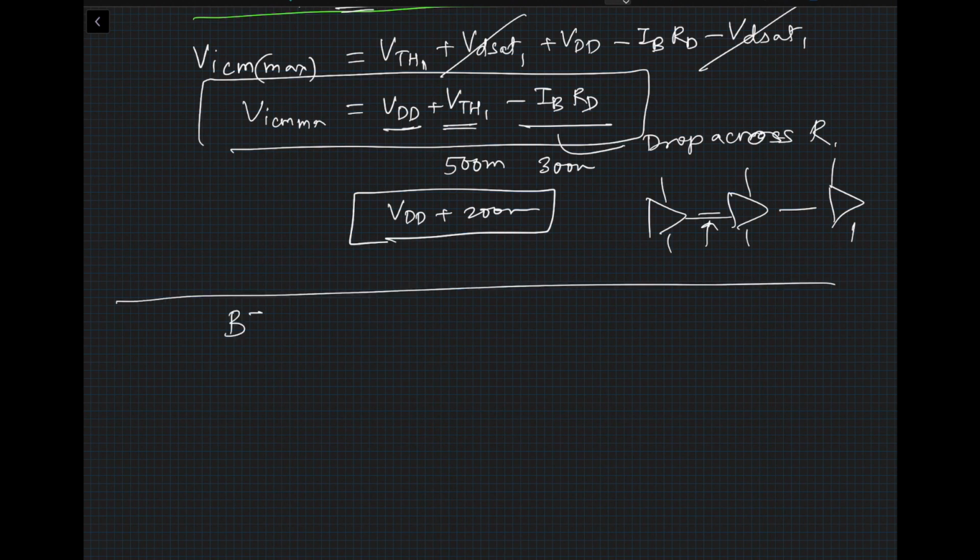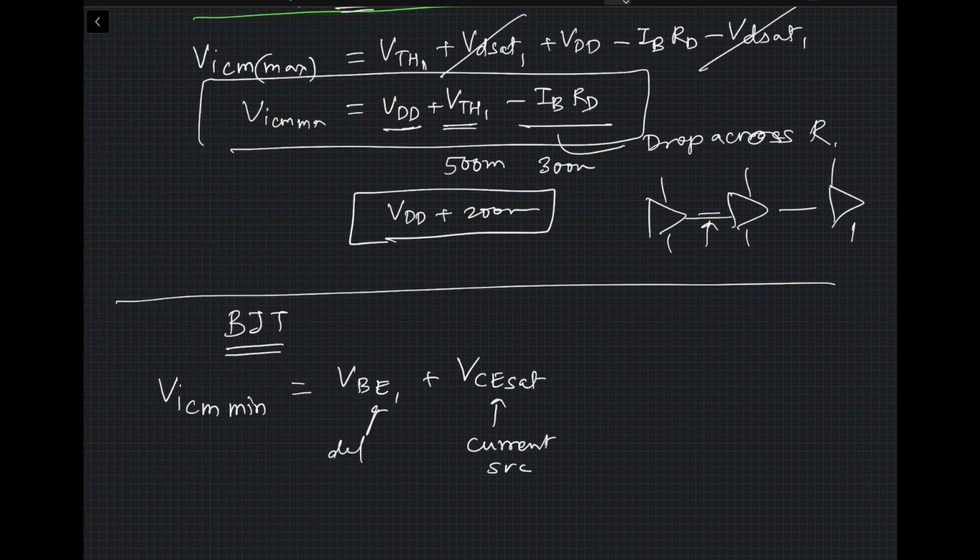In case of a BJT diff pair, I will give you the result, which is VICM minimum. Instead of VDSat, you will get VCESat, which is, let's say, 300 millivolts. In this case, it would be VBE1 of the diff pair transistor plus VCESat of the current source.